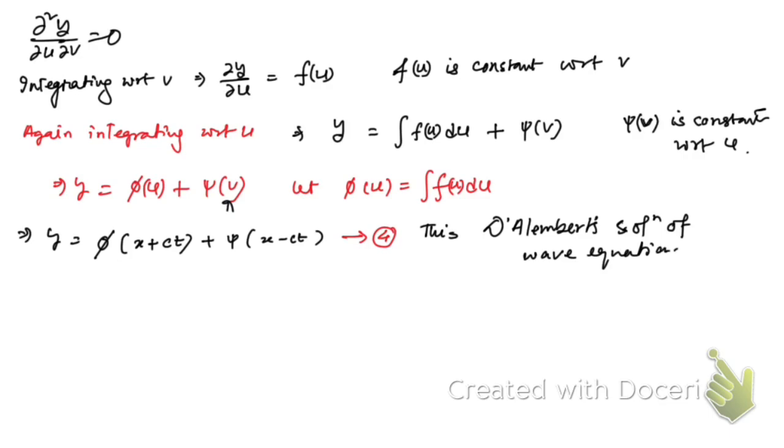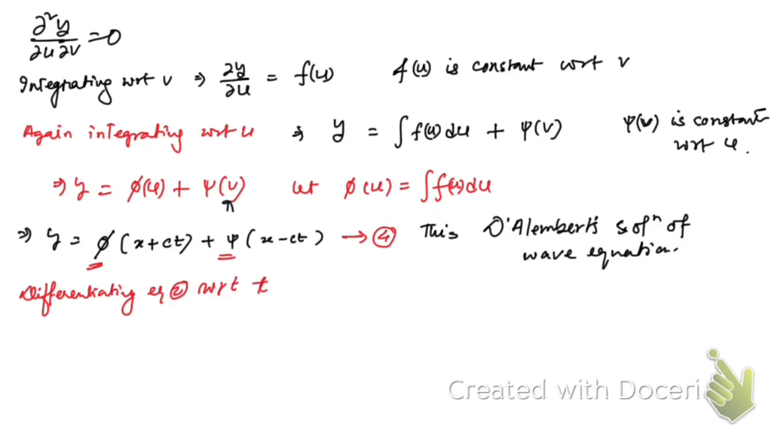So now if we wish to obtain these two, phi and psi, let us differentiate this equation with respect to t. Differentiating equation number 4 with respect to time t.